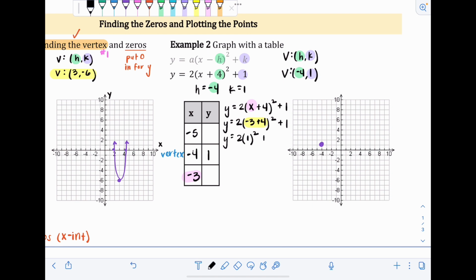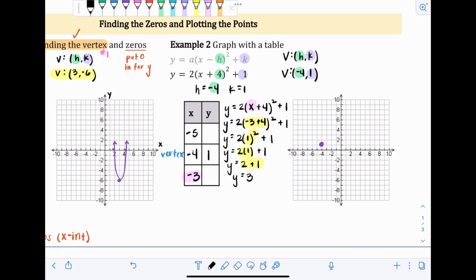Then squared plus 1, and I simplify exponents next. 1 squared is 1. Then I multiply next: 2 times 1 is 2, plus 1. Finally I add these two together, so y equals 2 plus 1, which is 3.